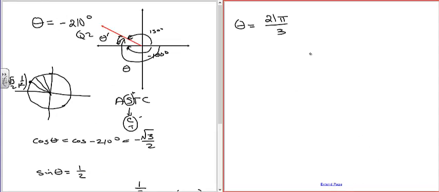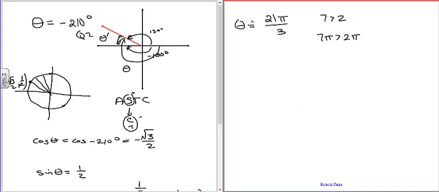Okay, let's do one more here. Now this angle, 21π/3. If you take 21 divided by 3 on your calculator, it is 7. Well, 7π is greater than 2π.